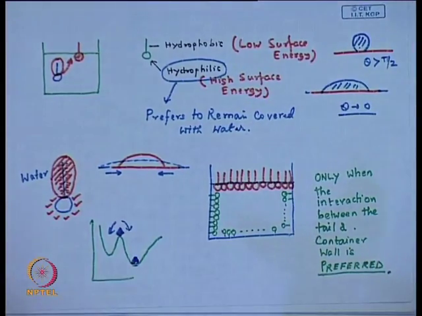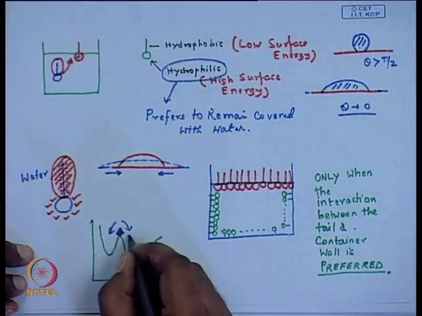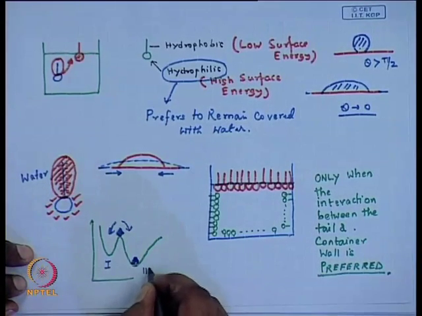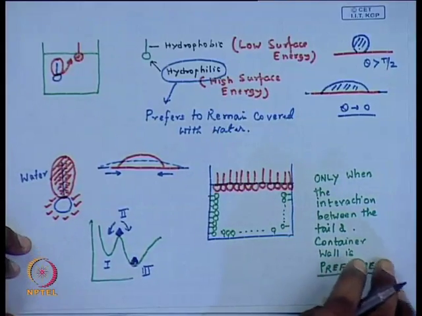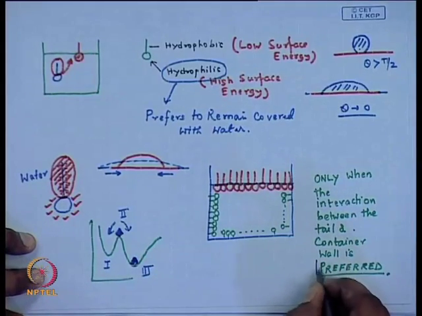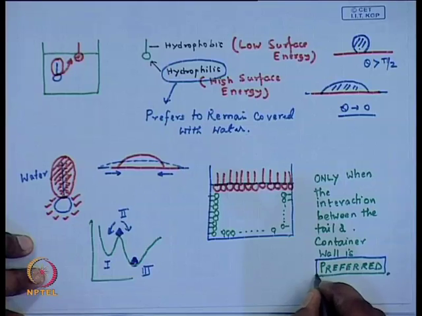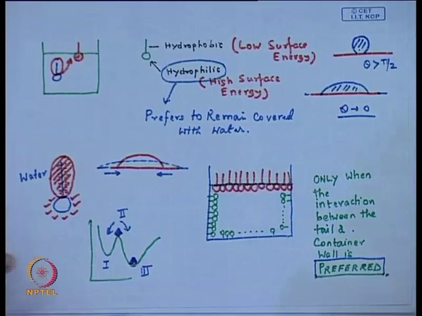What is the driving force here? The driving force, either at state 1 or state 3 as compared to state 2, is minimization of energy. So, when I say that something is preferred, in nature only one thing is preferred, all natural processes tend towards minimization of energy.